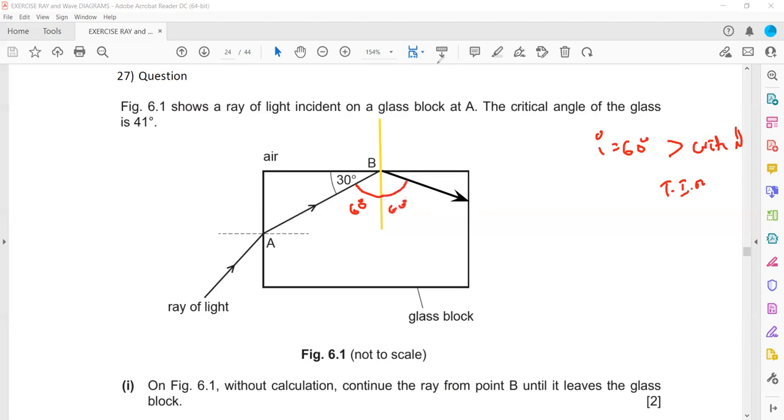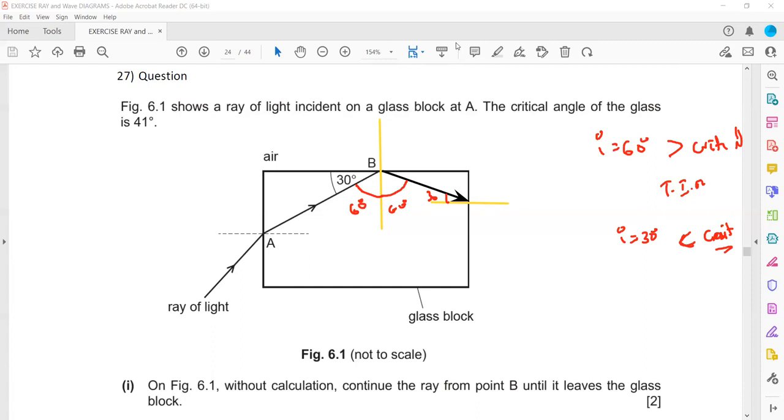Then we draw another imaginary line, the normal, 90. Then this angle will be 30. So the angle of incidence now is 30, which is less than the critical. If the angle is less than the critical, then simple refraction will occur.